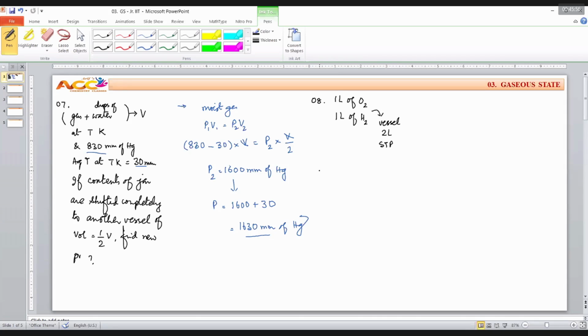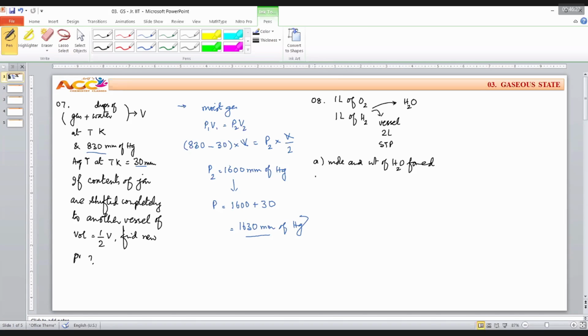The gases are made to combine to form water. Find: A bit, mole and weight of water formed. B bit, amount of gas left.